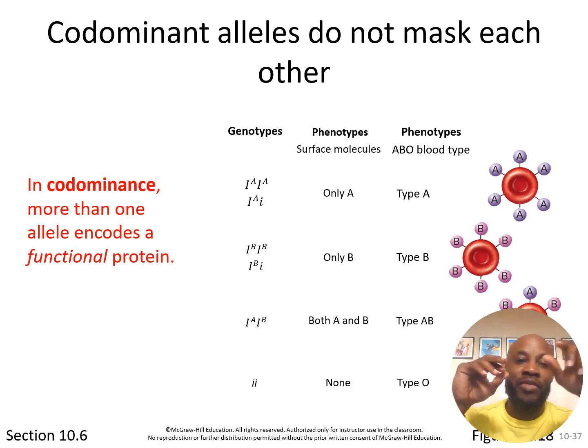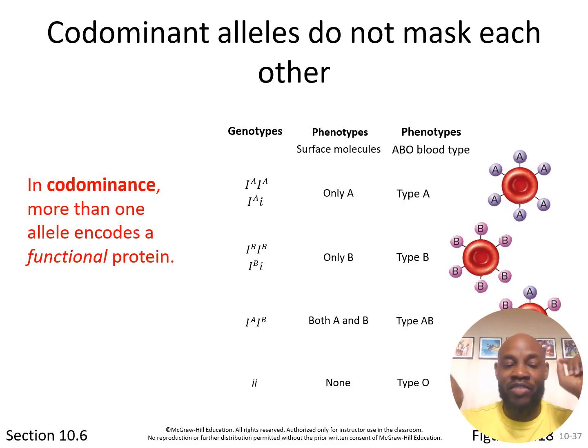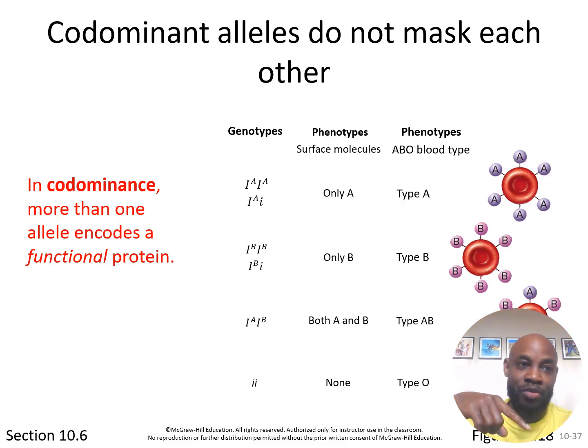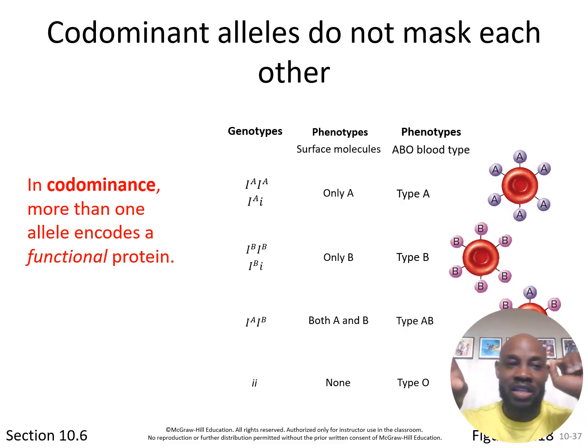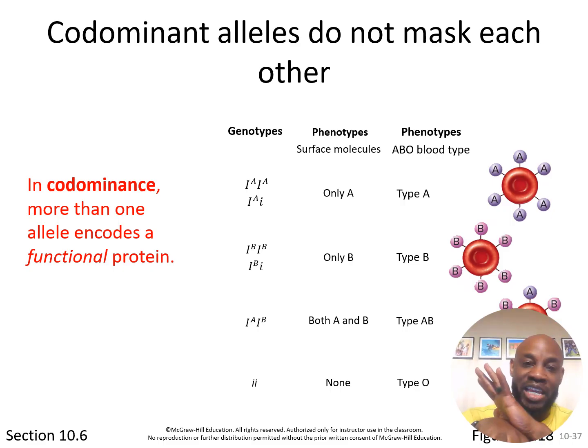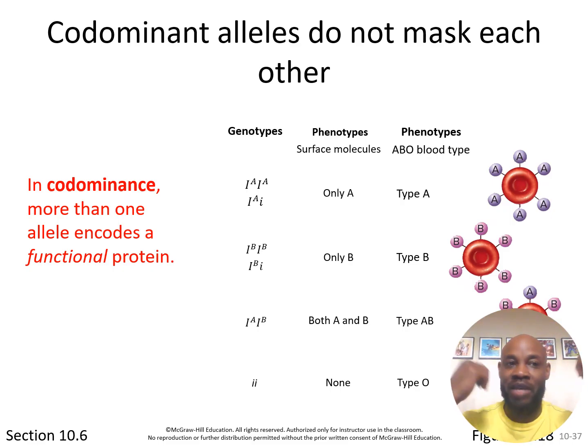In the previous example, you would have red flowers and white flowers, and if you had a flower that had some red and some white all on the same plant, that would be codominance. But in that case, you had pink flowers, which is incomplete dominance.